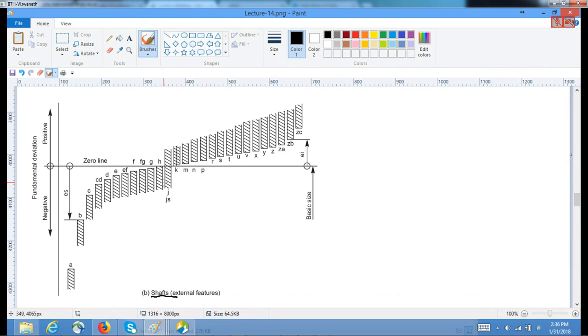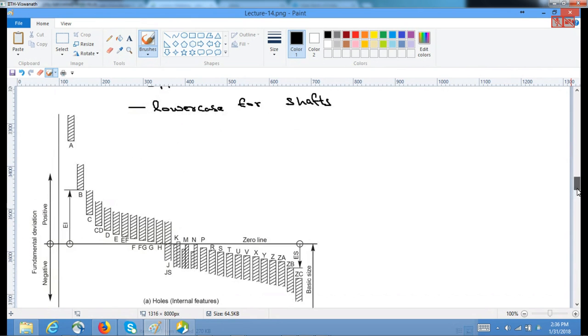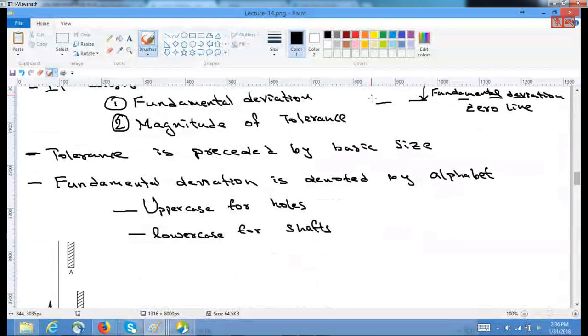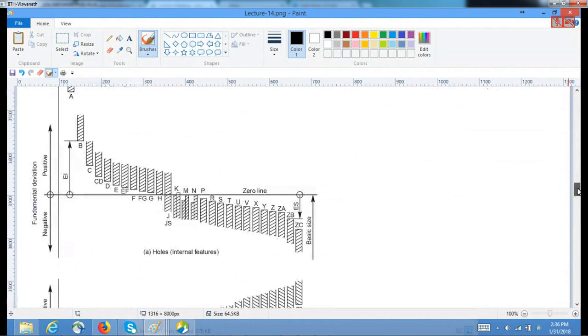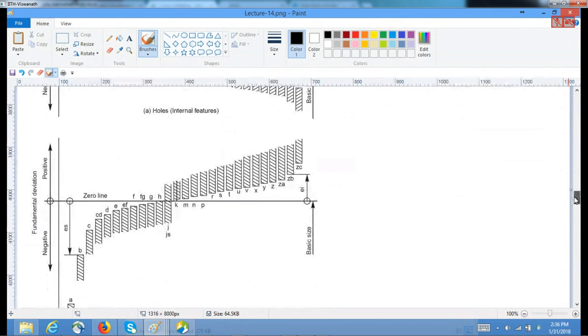Now, similarly, this is for the fundamental deviation. The fundamental deviation is mentioned for the holes in the capital letters by this, and for the shaft using this one.